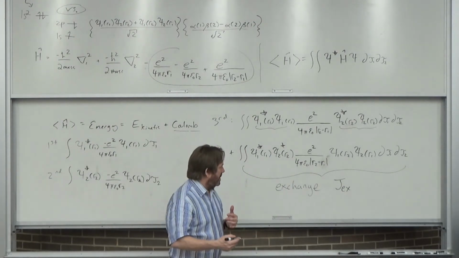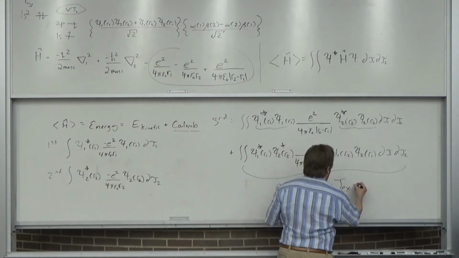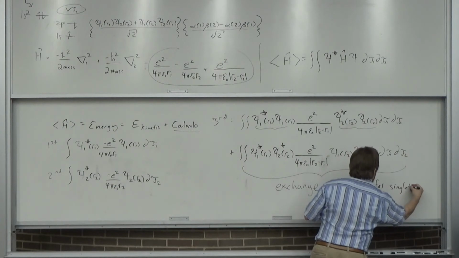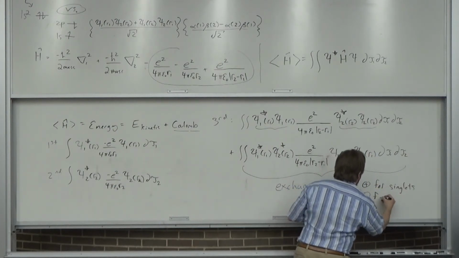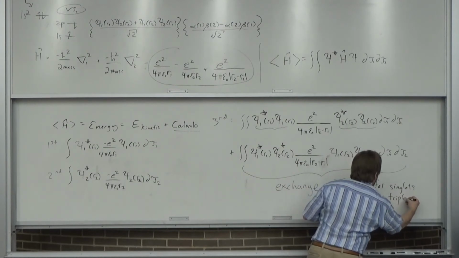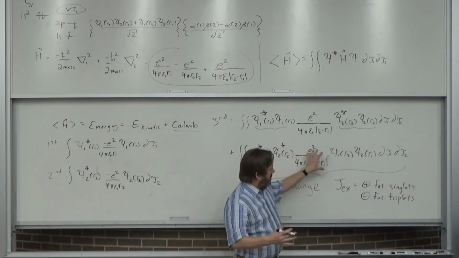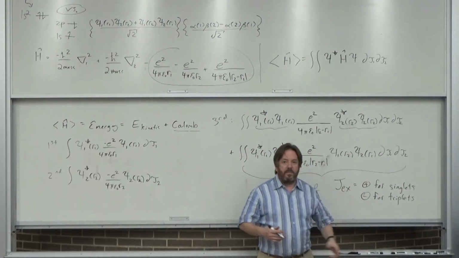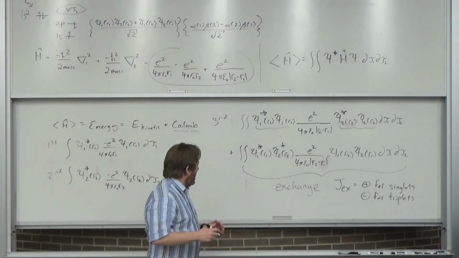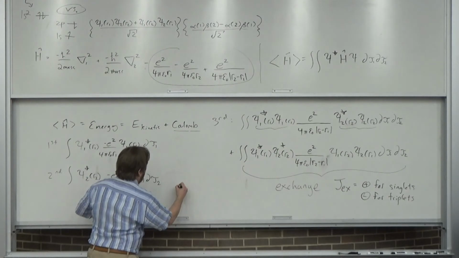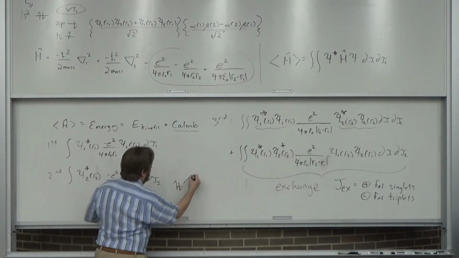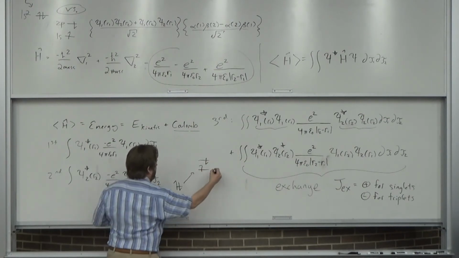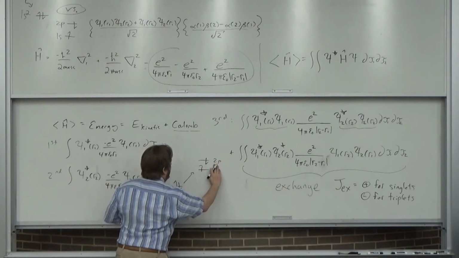Now let me give you the end result. It ends up being positive for singlets, ends up being negative for triplets. And again, you'd have to do all the horrible calculus integrals to see this, but that is what you get. Now what that means is that when you excite a hydrogen anion into an excited state, this is like a 2p and this is a 1s.